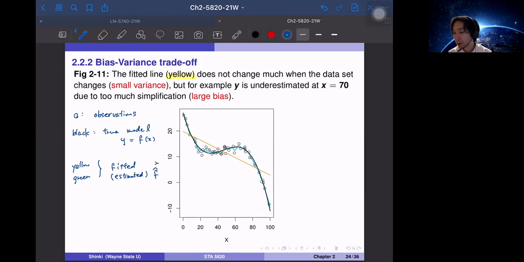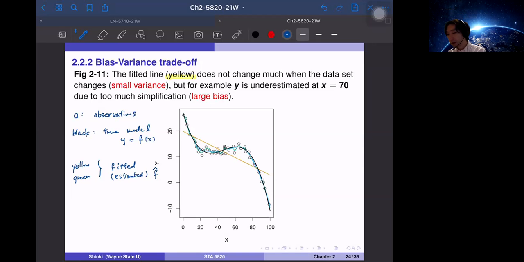And which is better, green or yellow? We cannot say. Probably the yellow one is just a linear regression line for these observations, and the green line is a very flexible model. Actually, we have three lines, maybe blue and green also.